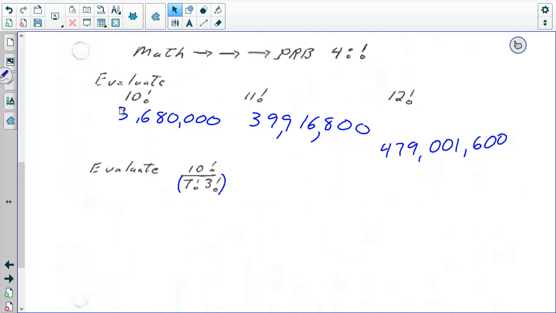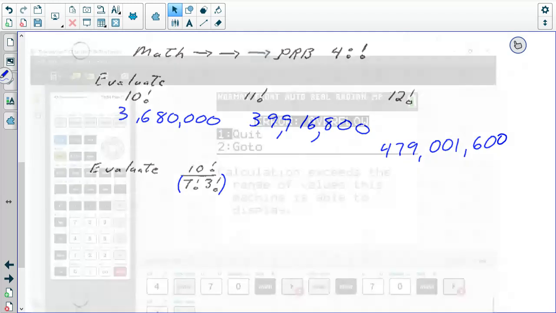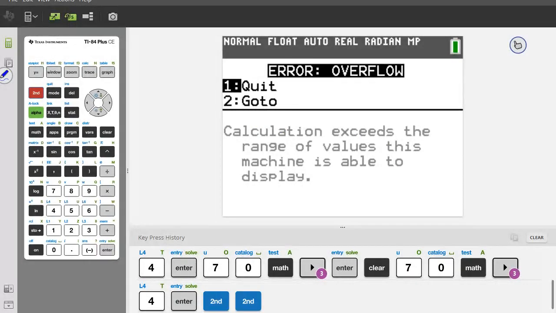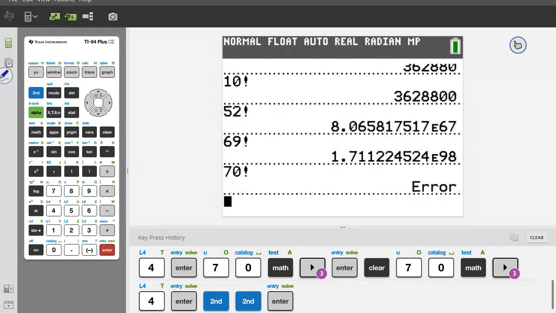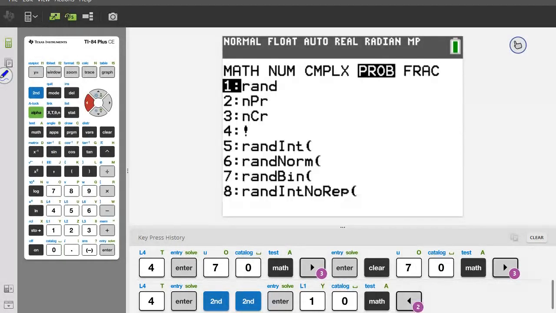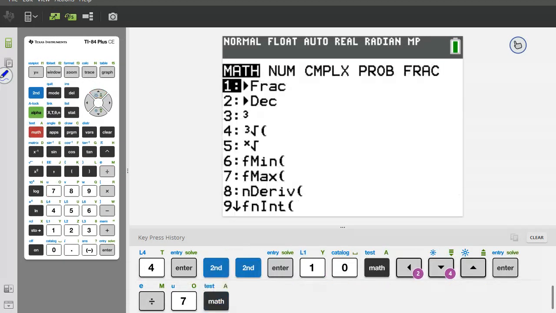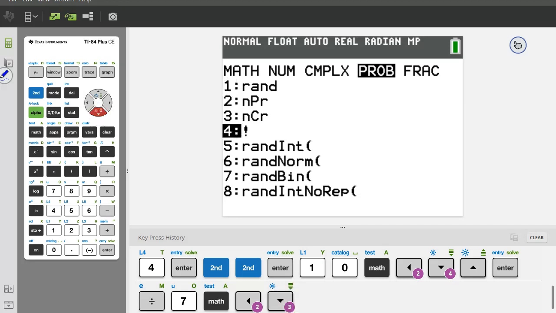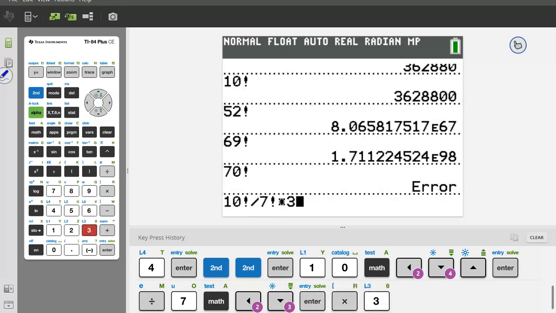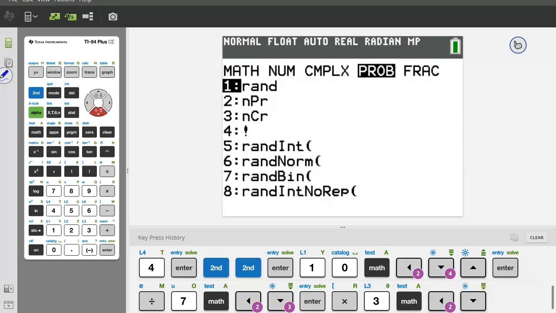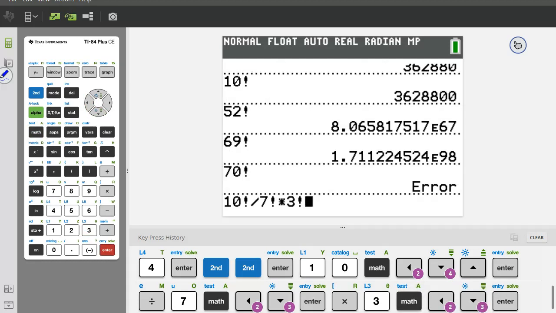Because if you just punch in 10 factorial divided by 7 factorial times 3 factorial, what the calculator reads, because of order of operations, is that it's going to do this division first and then multiply it by 3 factorial.